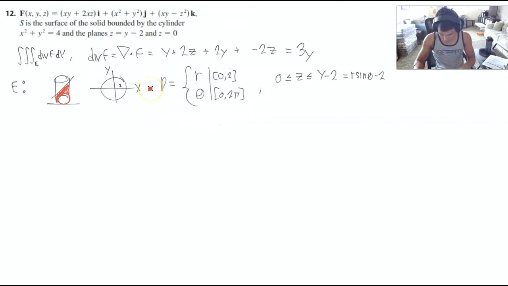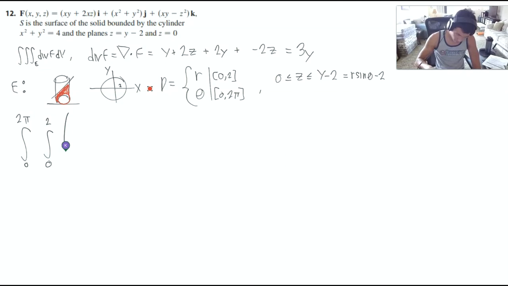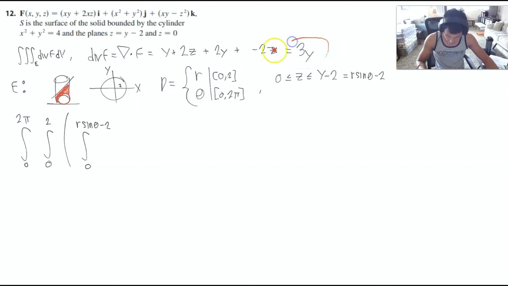Okay, so now when I write the integral, it's going to be 2 pi to 0 from 2 to 0. And then we're going to have this other integral in front of it all, which will be r sine theta minus 2 from 0. And then our integrand was 3y. But I'm going to put the 3 in front of everything, and write just y.